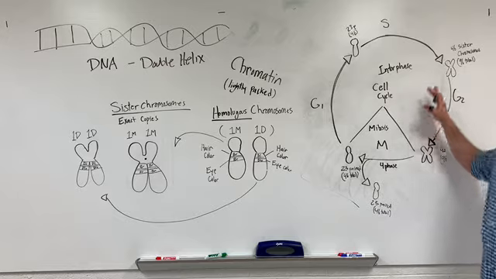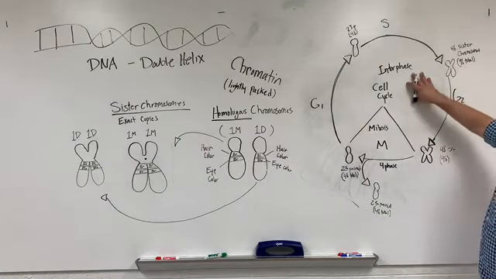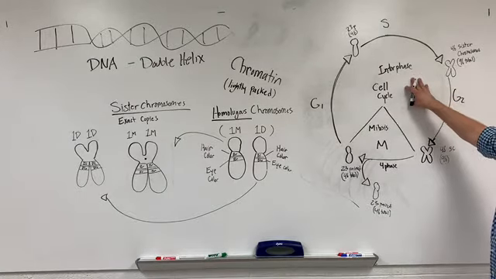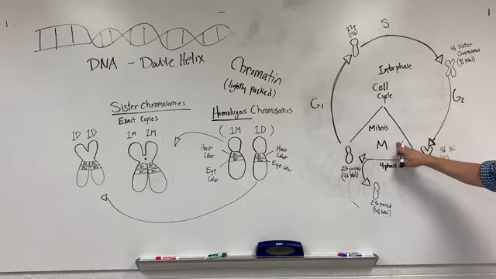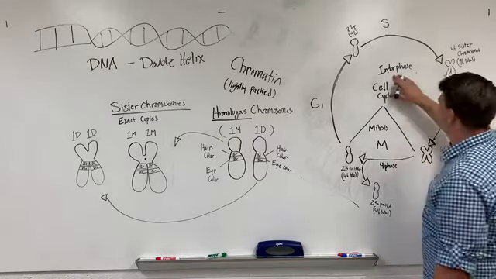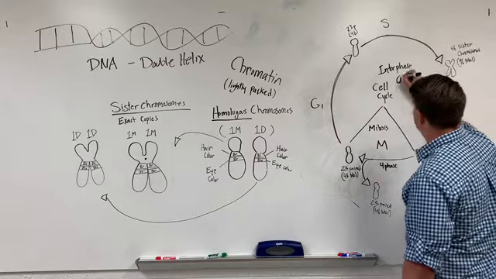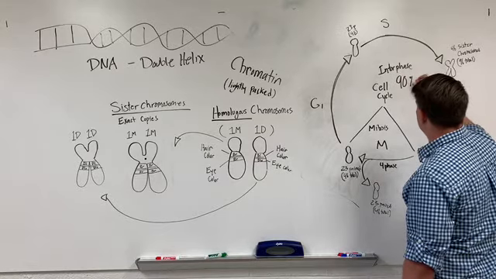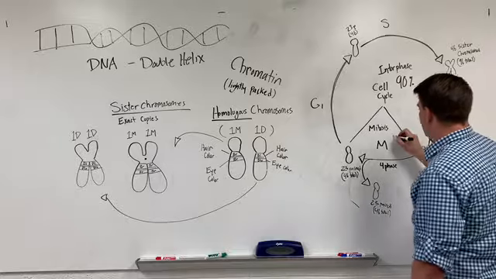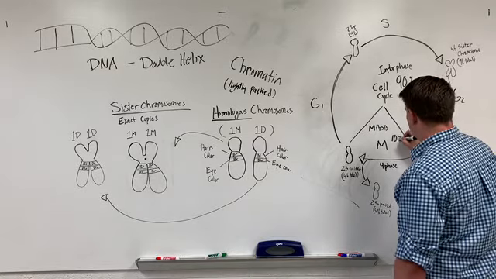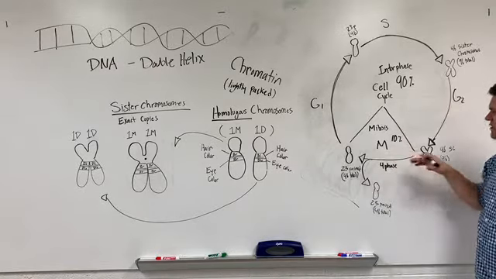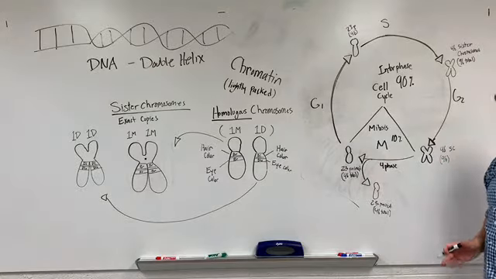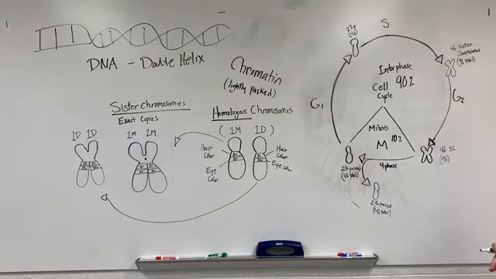Now, because this kind of looks like a pie chart, you might think that in interphase, the cell is roughly 75% of its life, and mitosis is 25%, but that's not the case. Cells spend roughly 90% of their life in interphase, and only 10% is actually in mitosis when you're splitting the cell into two, going through that whole process.